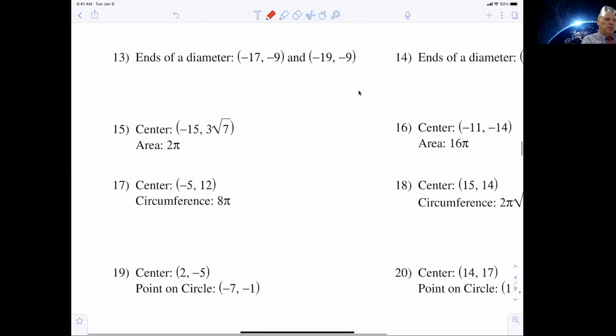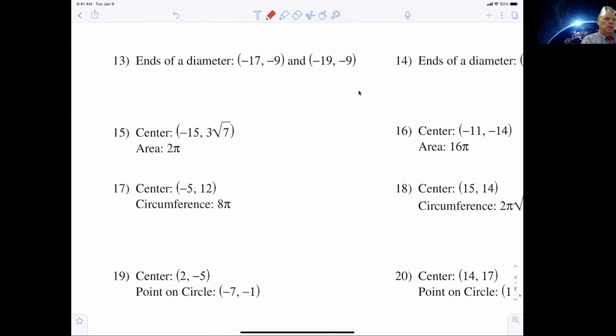Let's check out 13. All right, so here we go. This is the diameter. So if I draw the diameter, how would I find the center? The average. And what is that called, though?